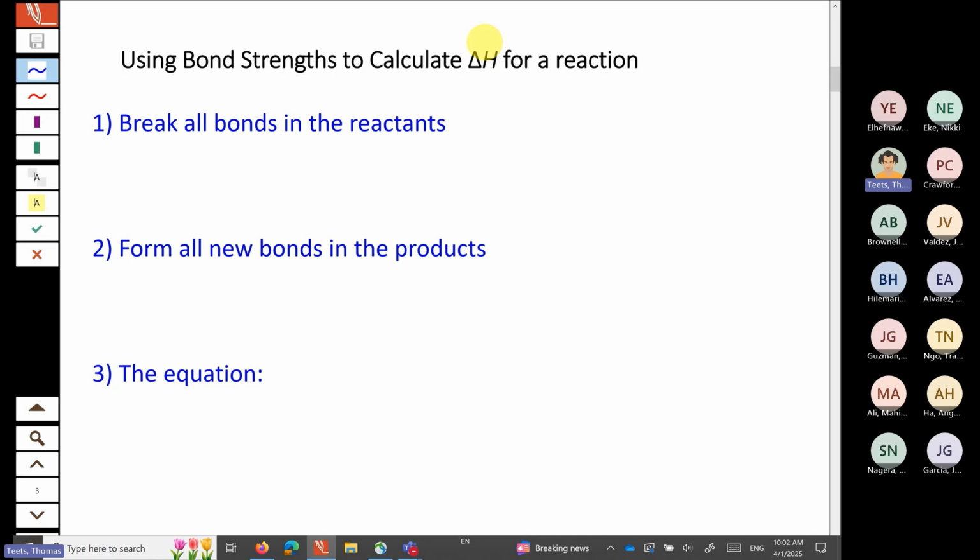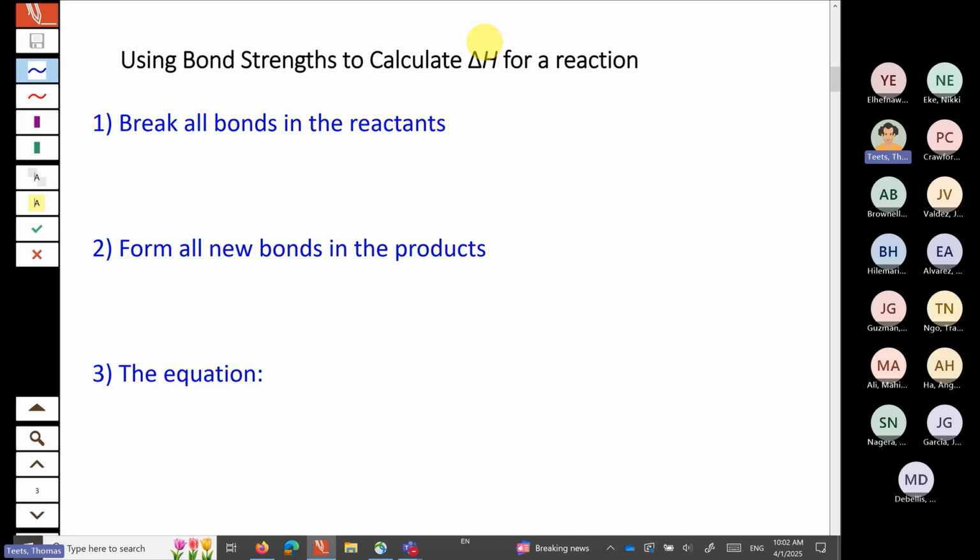And if we have those values for the reactants and the products, we can sum them up on each side and then take products minus reactants, and that'll give us the delta H for the reaction using a bunch of tabulated data, not having to go through an experiment or a long Hess's law puzzle to do it. The other way that we can do this is by using the bond strengths, or bond enthalpies as they're now called, to calculate delta H.